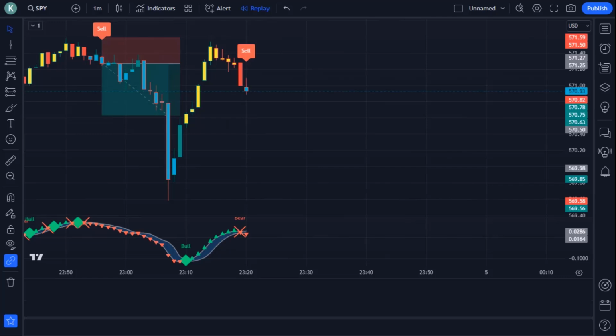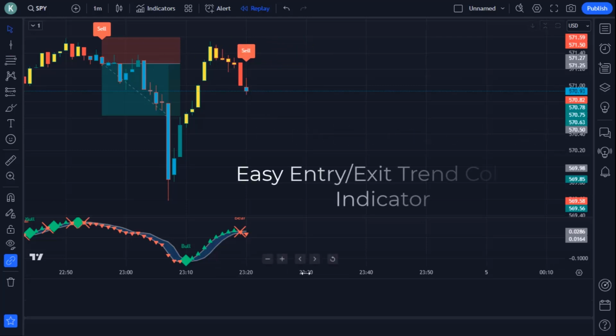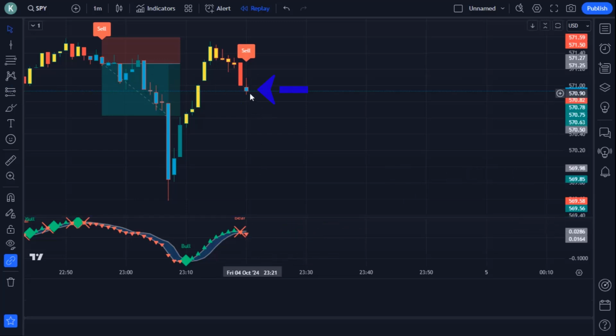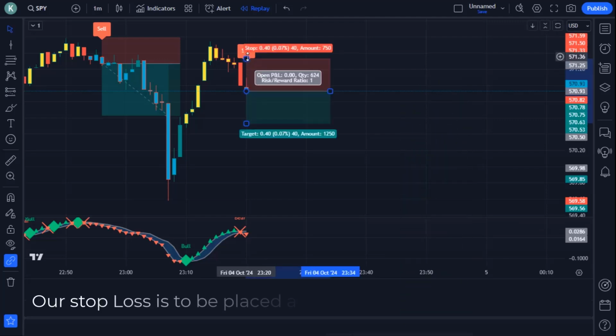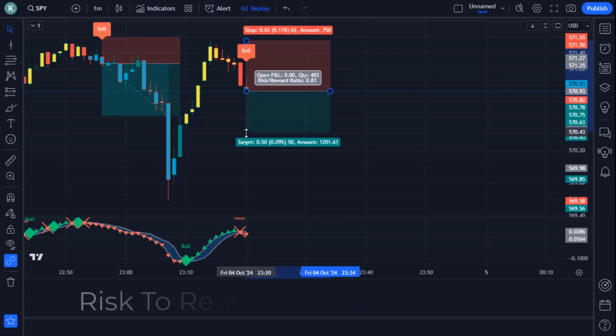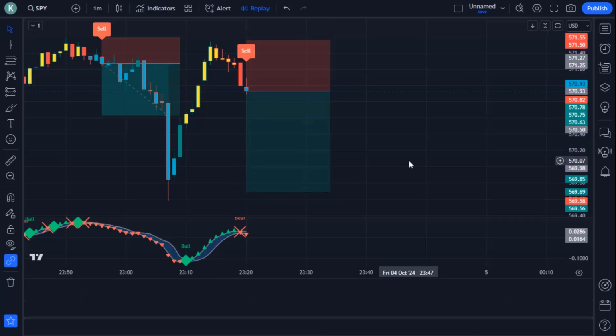We have got the signal. Here the exit Willy alerts indicator gives us a sell signal. Here the easy entry/exit trend is bear trend. Here market has made a blue candle to give confirmation. So all our conditions are being fulfilled, so we are placing an order to sell. Our stop loss is to be placed at the previous high of market, and the risk to reward ratio will be 1:2. Let's see what happens to our trade.